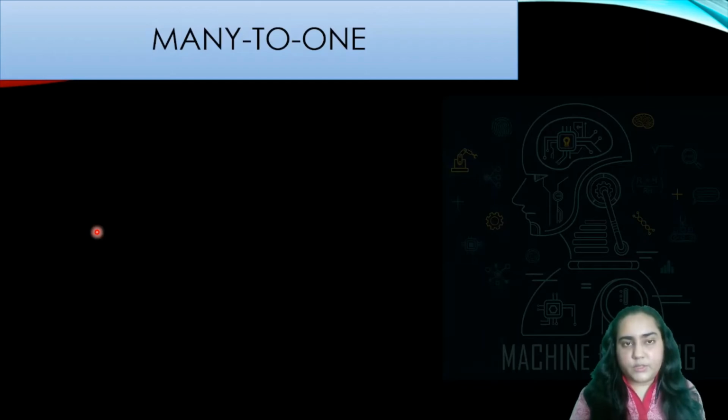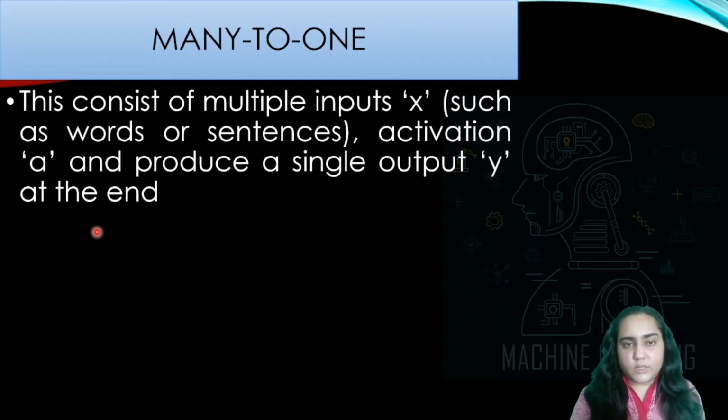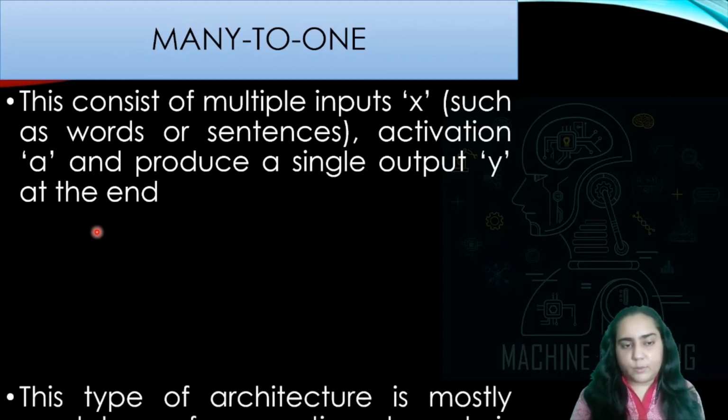The next architecture is the many-to-one architecture. So this consists of multiple inputs X, such as words or sentences. There's also an activation function A, and it produces a single output Y at the end. So multiple inputs, but one single output.